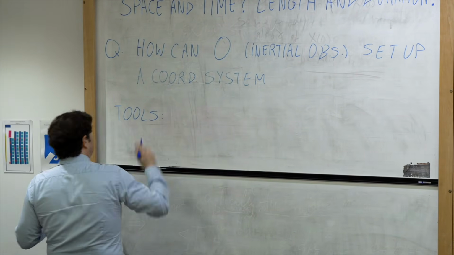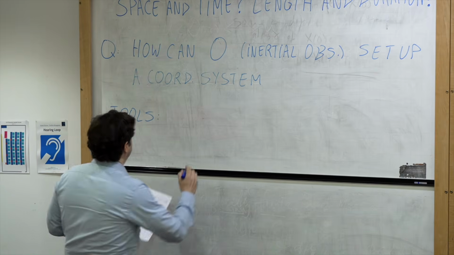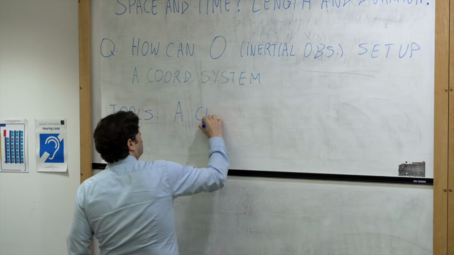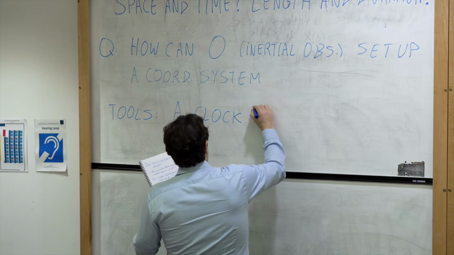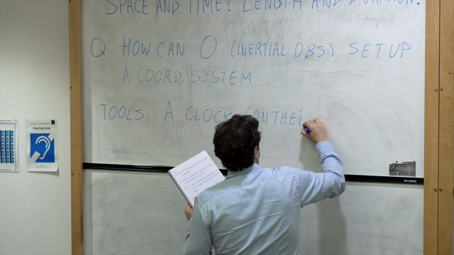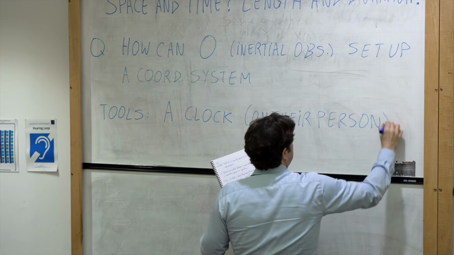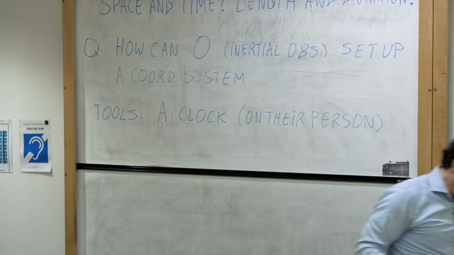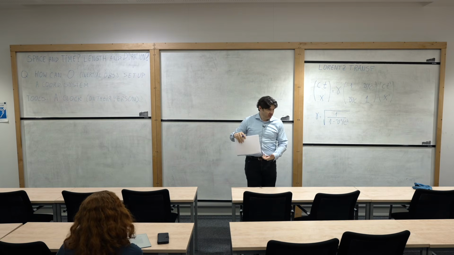The tools that we can assume that we have: the first tool is a clock, meaning an observer can measure time, but only where the observer is sitting.